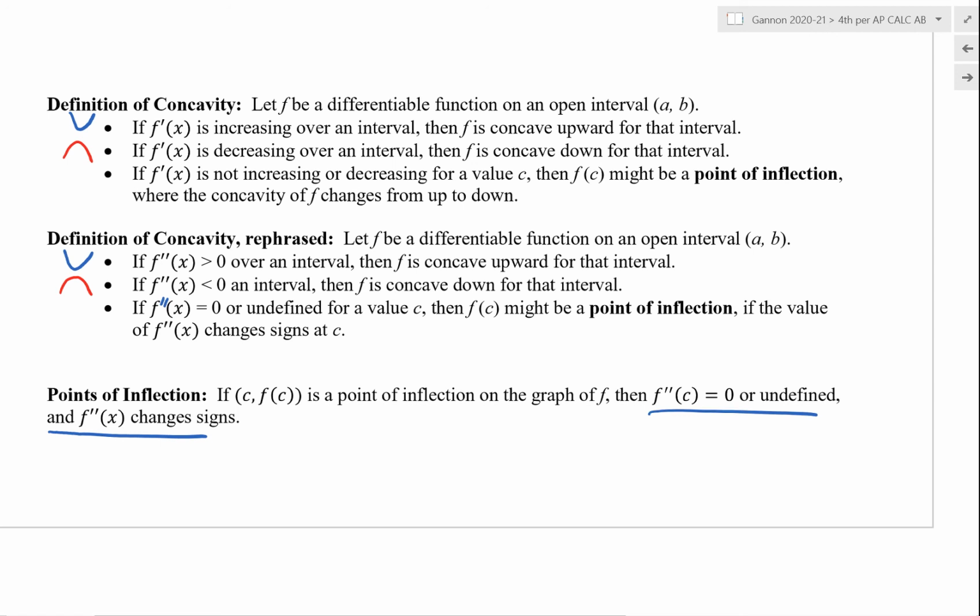So that's an important distinction between critical values and points of inflection. Critical values are any zeros of the derivative or where the derivative is undefined. But for it to be a point of inflection, you have to have the second derivative equaling 0 or undefined and changing signs. All right, so that's a key detail to make sure you pay attention to.